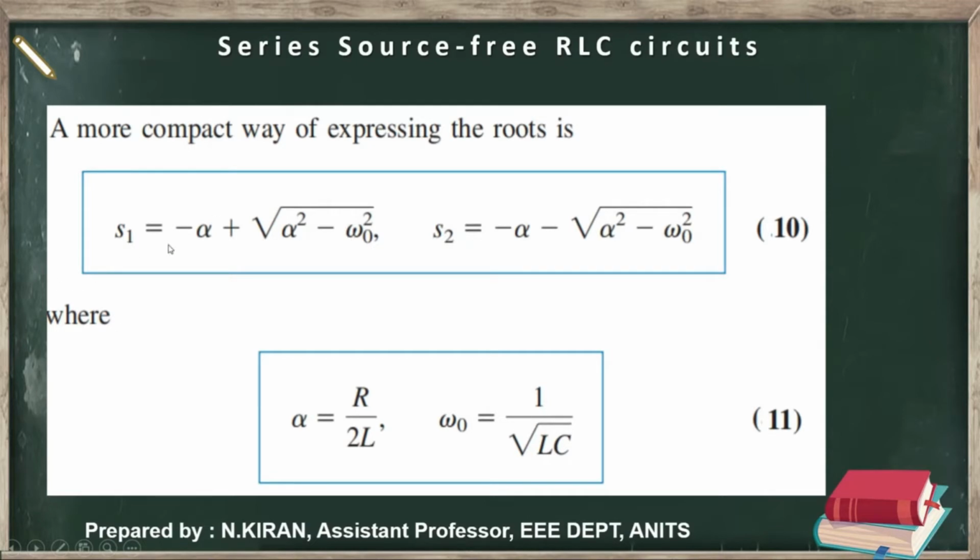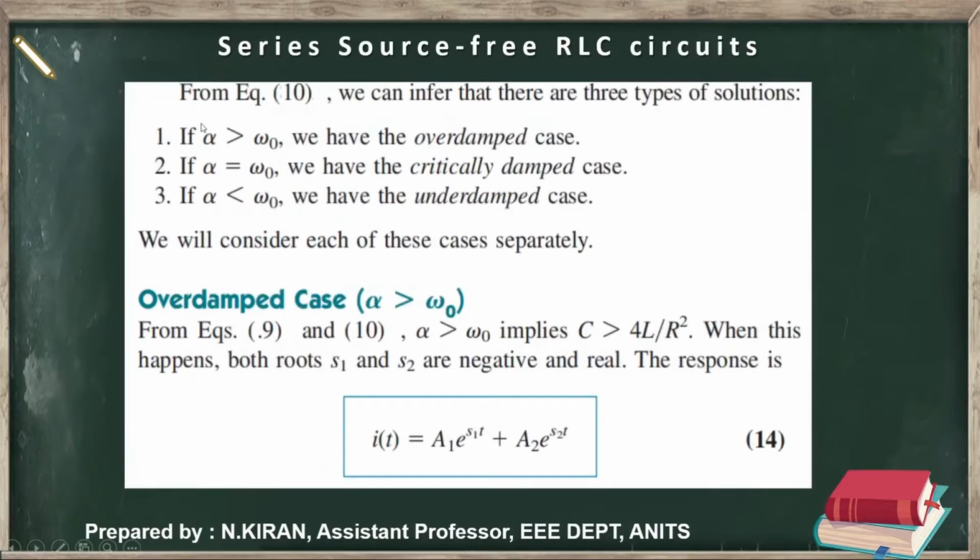From this expression we can say that we'll have three cases: alpha greater than omega naught, alpha equal to omega naught, and alpha less than omega naught. When alpha is greater than omega naught, the roots will be real and distinct. So it is the overdamped case.